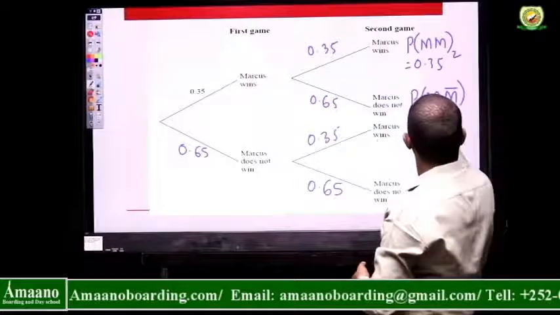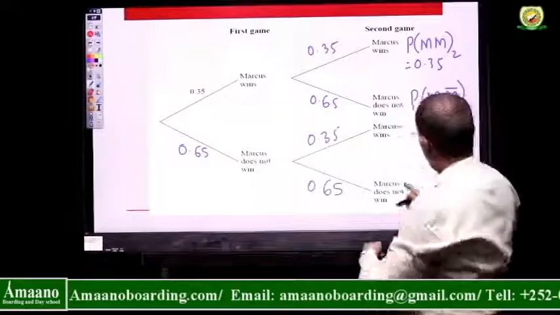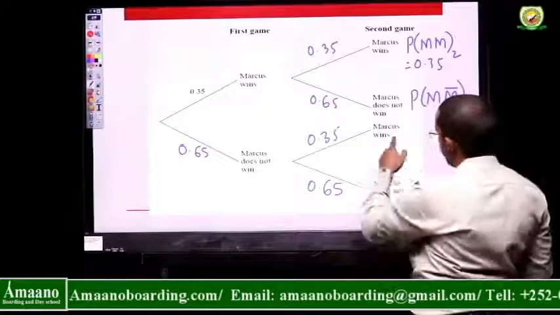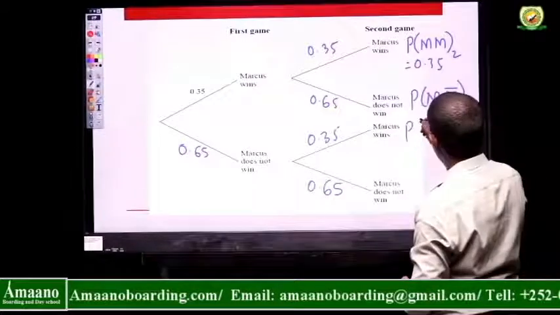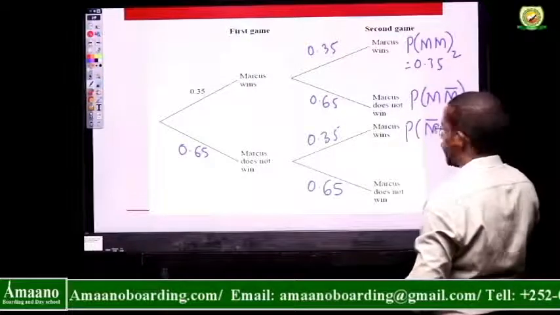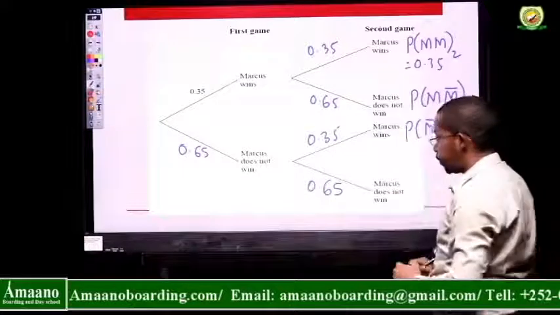So to get this probability, you multiply this number times this one. And then here, he doesn't win the first, but wins the second. So this is the probability that he does not win the first, but he wins the second. So to get this, you multiply this number times this one.